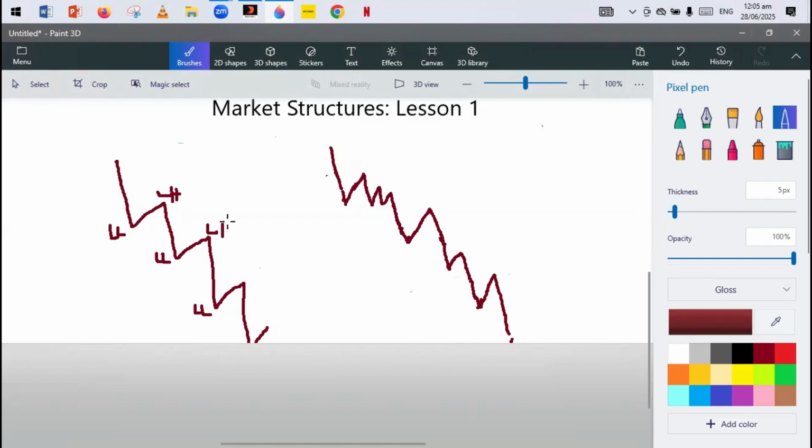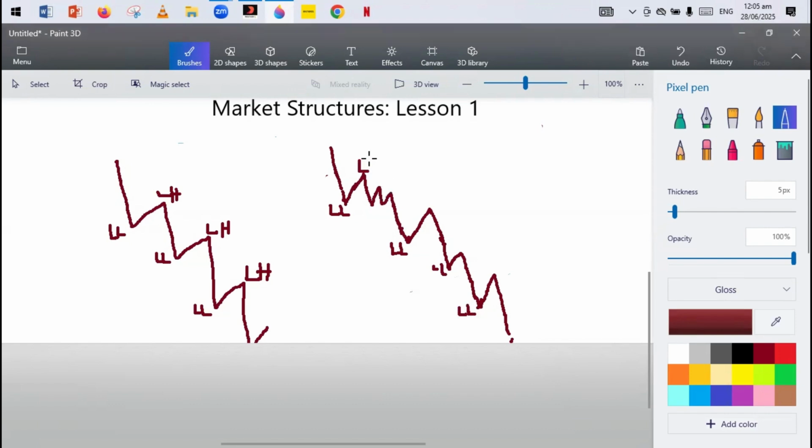And then we have the lower lows there. And then we have the lower highs.